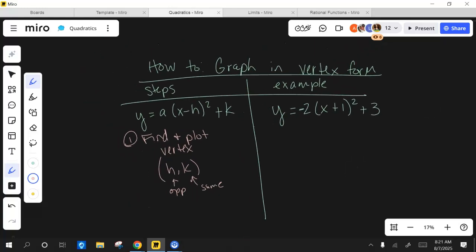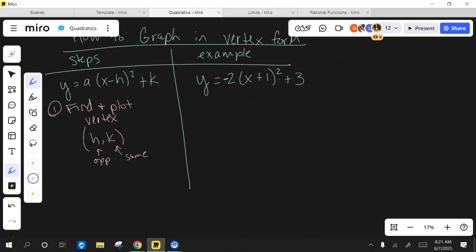What is my vertex in my nice little example here? -1, 3. What's the equation of the axis of symmetry? Close. Give me the x instead of the y, though. X equals -1, right?